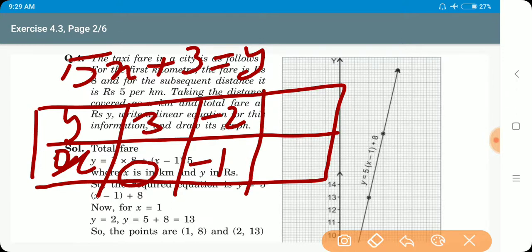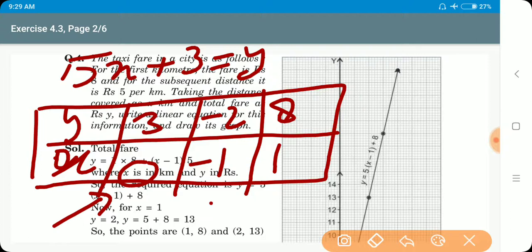If I put x is equal to 1, y is equal to 8. Three values are enough for me. When x is equal to 0, y is equal to 3.